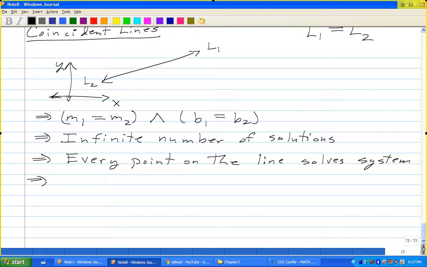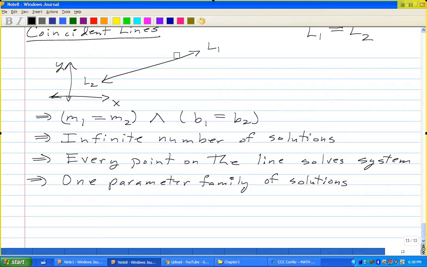And so that means that there's going to be a family of solutions, a one parameter family of solutions. So you can take any point along here and you can vary it in one direction. And so this is a one parameter family of solutions.